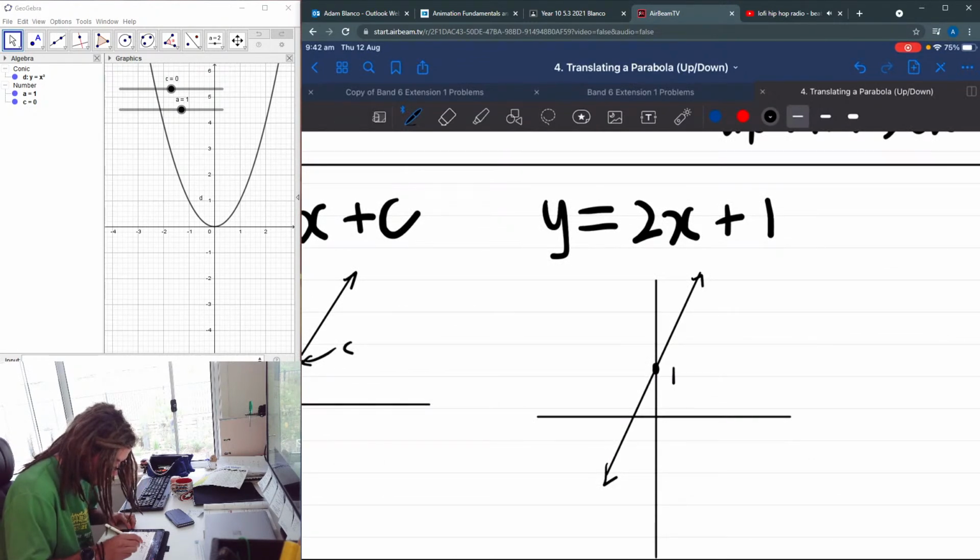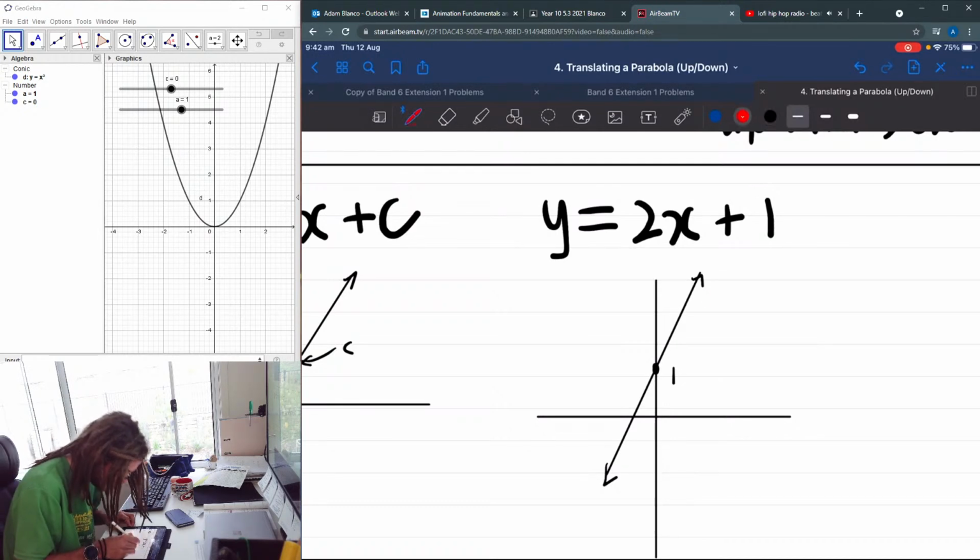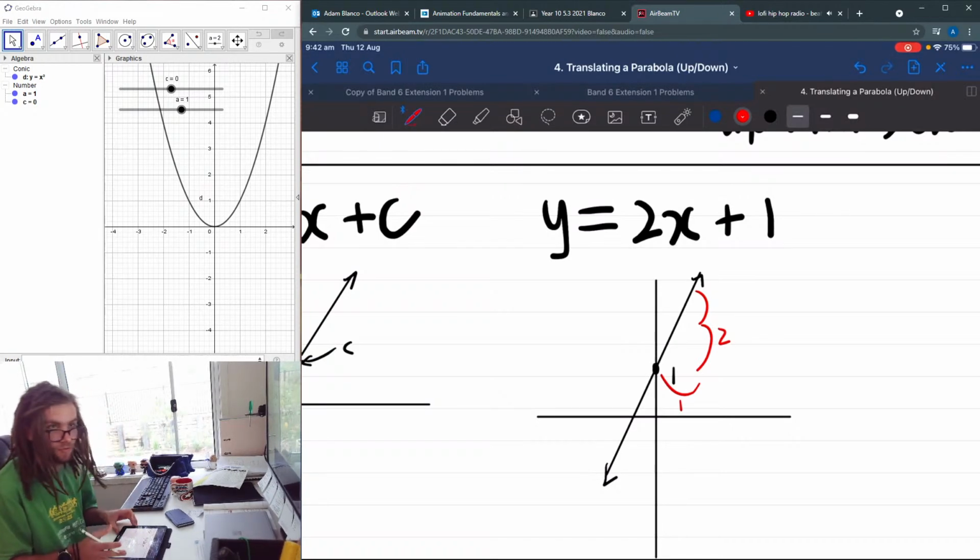That's 1 and that's 2, so rise over run, 2 over 1.